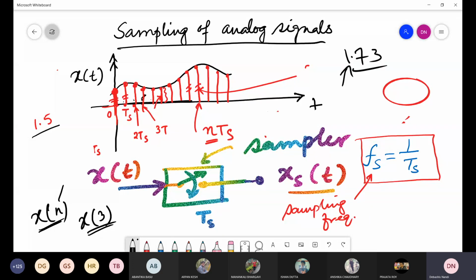Quantize means you have to convert this analog signal, or analog discrete sample value, to a digital number. And when you want to do this, obviously you have to represent the sample values in a finite number of states, a finite number of levels.